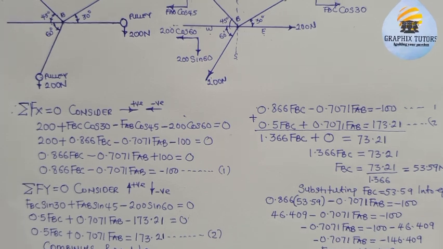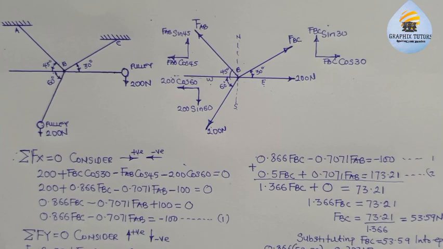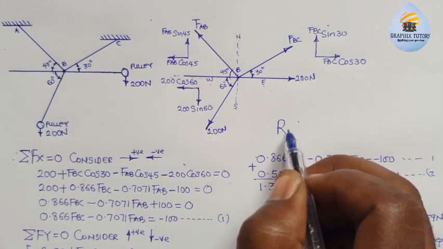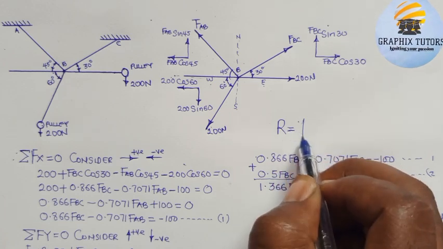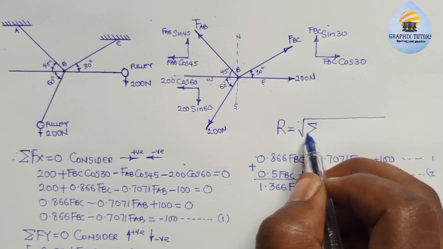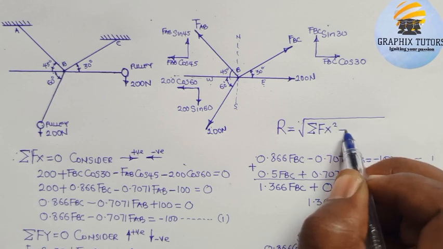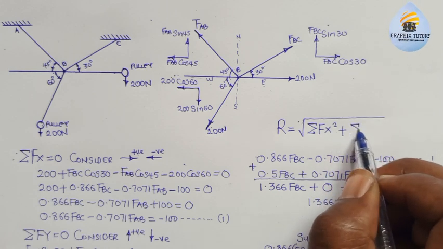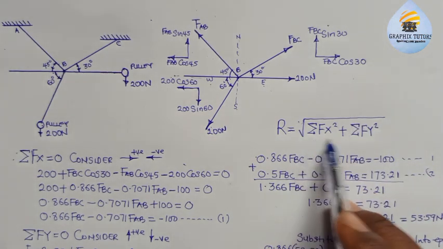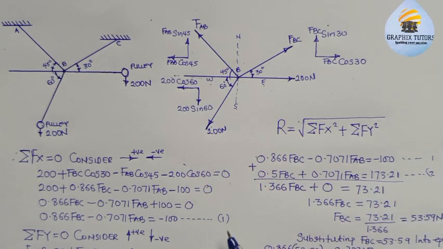Now we know very well that the resultant force R is equals to the square root of the summation of Fx all square plus the summation of Fy all square. So when you input your values into this equation, you're going to get the resultant force of this system, right?